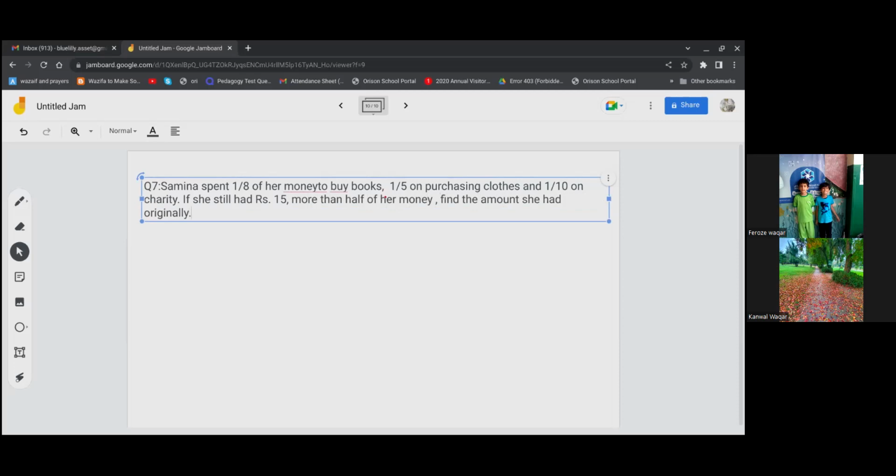So now look at the statement. There is a fraction. There are two fractions actually.